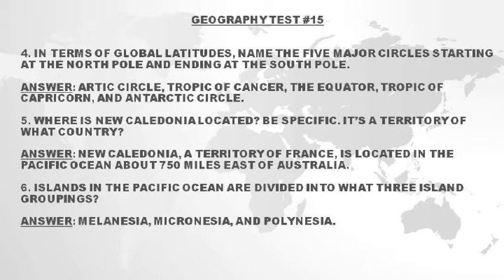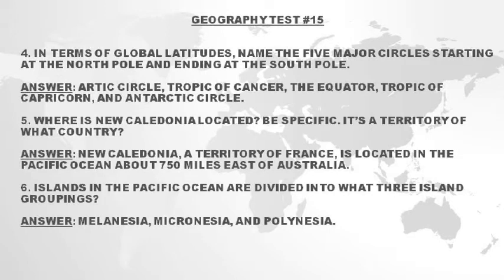Question 5, where is New Caledonia located? B, Pacific. It's a territory of what country? The answer: New Caledonia, a territory of France, is located in the Pacific Ocean about 750 miles east of Australia. Question 6. Islands in the Pacific Ocean are divided into what 3 island groups?